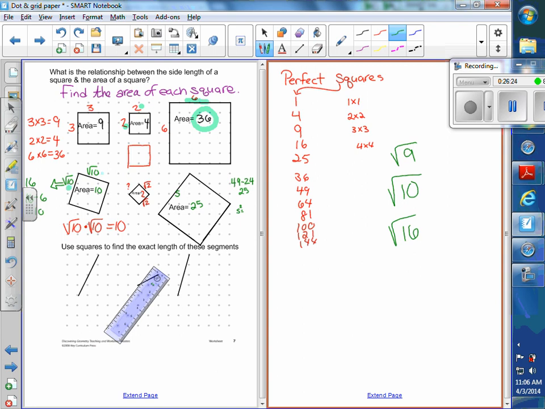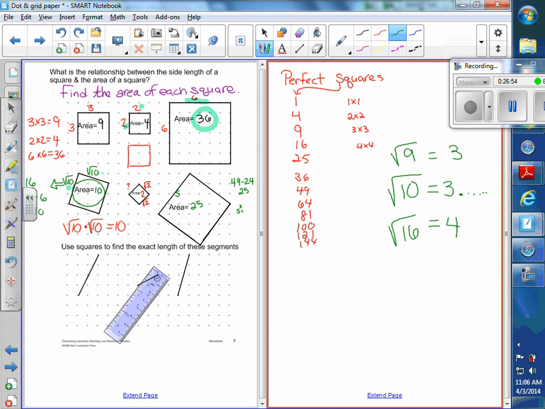You guys know that? Because when a square has an area of 10, it has a bigger area than a square that has an area of 9, and a smaller area than a square that has an area of 16. So somebody said, how do you get that when you don't have a calculator? You can actually get a really good approximation for this. Right now you should know that it's 3 something.